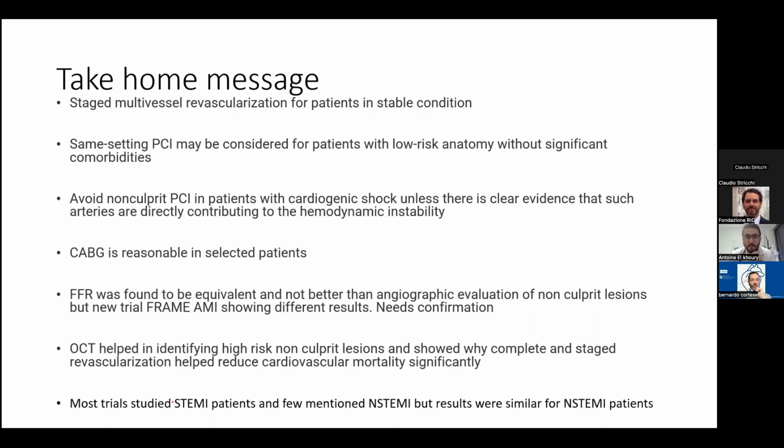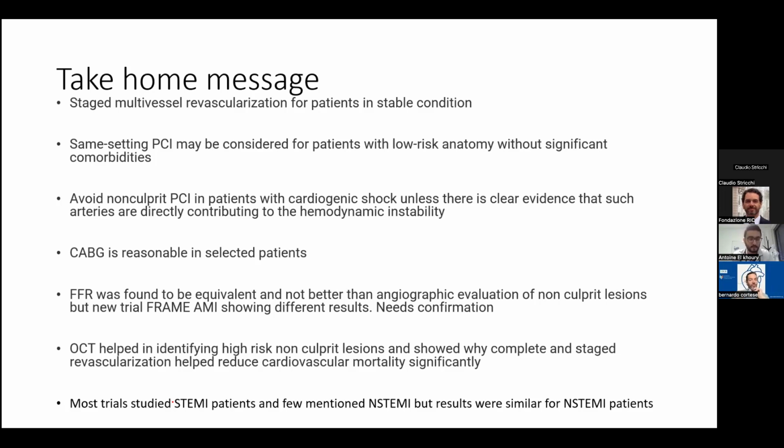In our practice, we do it very rarely, but also looking around in the other cath labs, it's quite rare. In the lack of solid data, the usefulness of doing FFR in the setting of acute MI, where you want to just treat the culprit lesion and, if it's successful, go out, is not so much used.